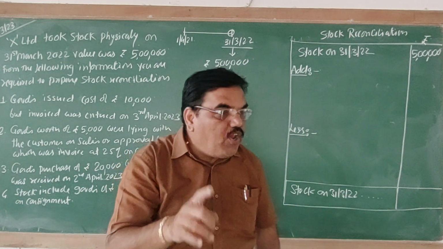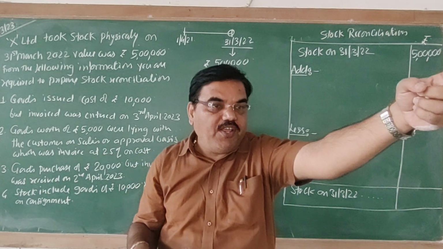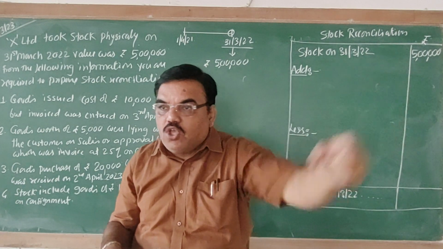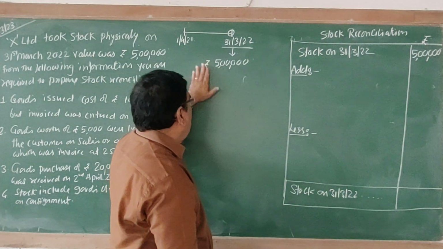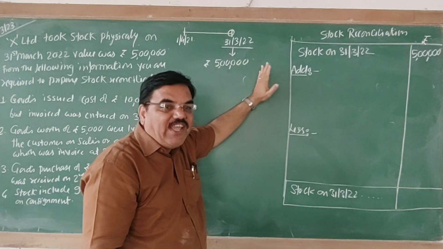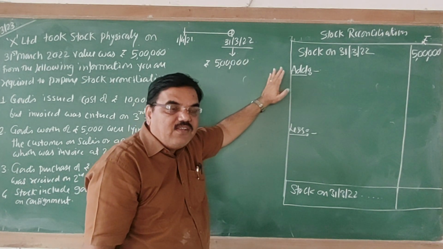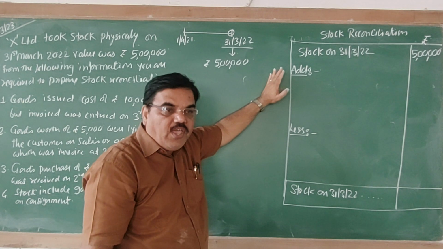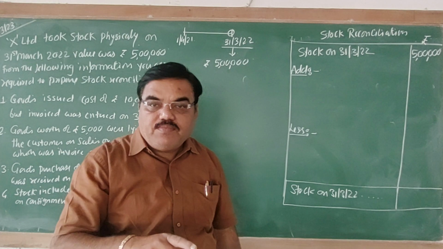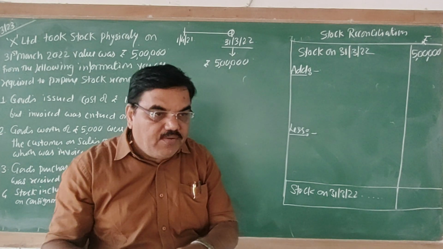Now who is the owner of those goods? The other party, to whom you have already sold them. So this is entered as a sale in the next year.